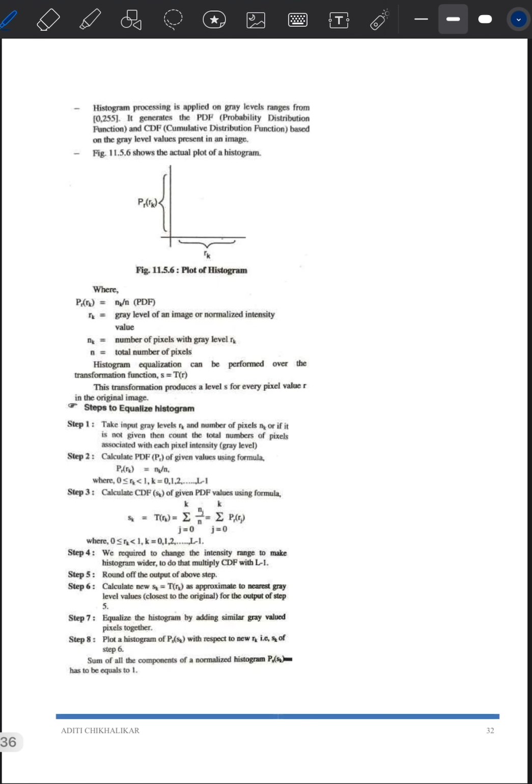So how is this achieved? What we try to do is, we try to calculate the PDF function. What is the PDF function? The formula is nk upon n, where n is the total number of pixels and nk is the number of pixels for a particular gray level k. Okay, now how do I calculate the value of k?